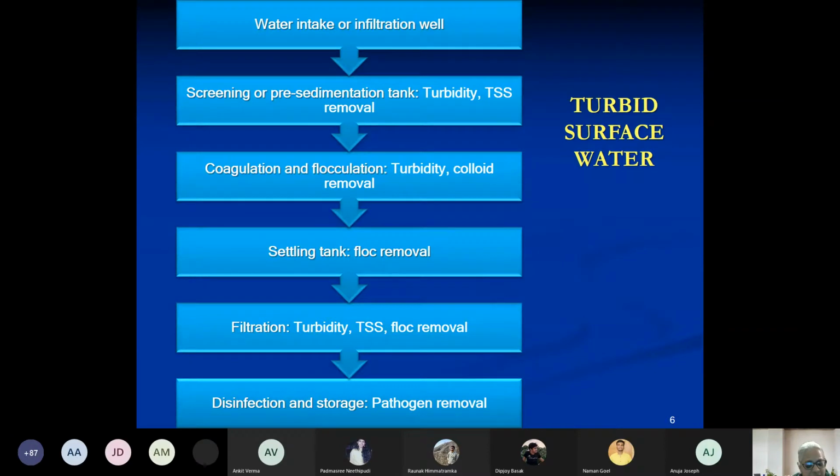The second part is, let's say you have a turbid water. Let's say your water is muddy, it has a fair load of silt, and that's true for Hooghly and Kolkata. Over there you may have a water intake which has a perforated pipe, and you have a suction pressure to pull in the water through the perforated pipe.